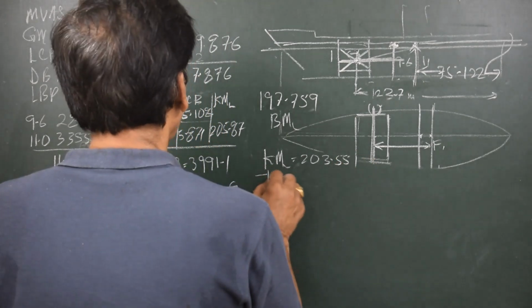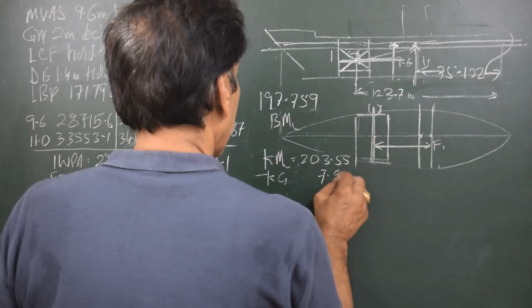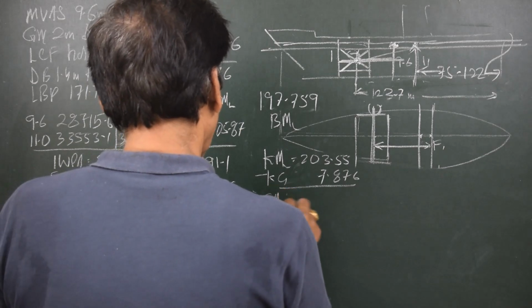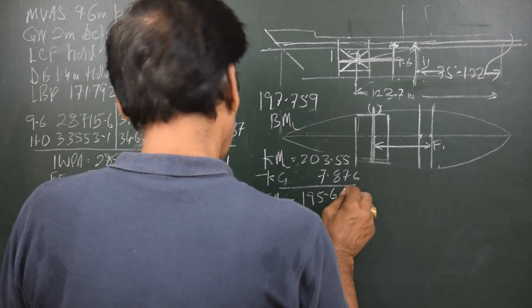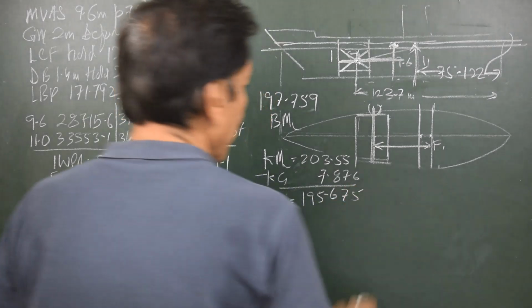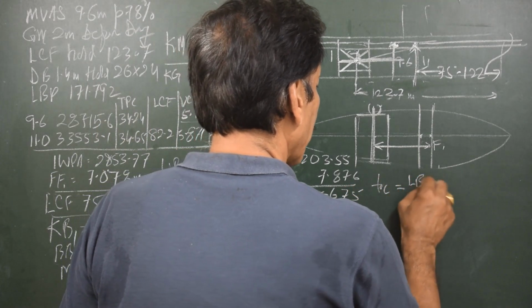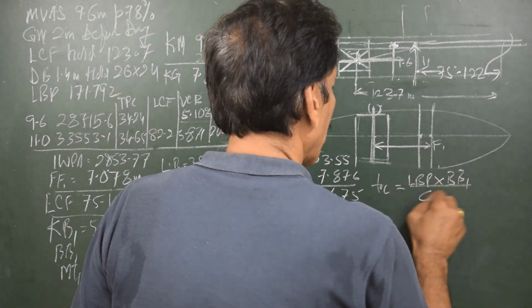And minus KG. KG is 7.876, right? That gives me GML. So the value of GML is 195.675. So trim change is equal to LBP into BB1 upon GML.